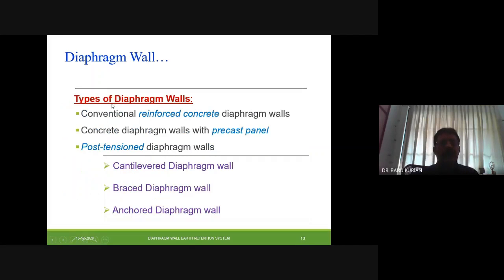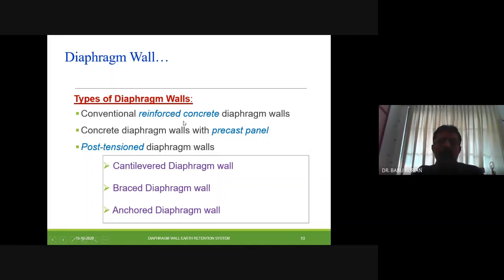There are various types of diaphragm walls according to the materials. There is the reinforced concrete diaphragm wall, the concrete diaphragm wall with precast panels, or the post-tensioned diaphragm wall.